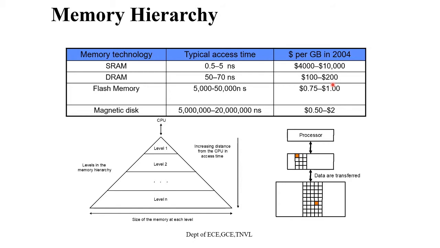At the same time, SRAM occupies a much larger space, but even so it is very fast compared to DRAM. Each memory technology has its own advantage. Flash memory has its advantage in the area of personal mobile devices, and the magnetic disk is the secondary storage, which is very helpful when we come to the point of virtual memory. So each and every memory technology has its own advantage.